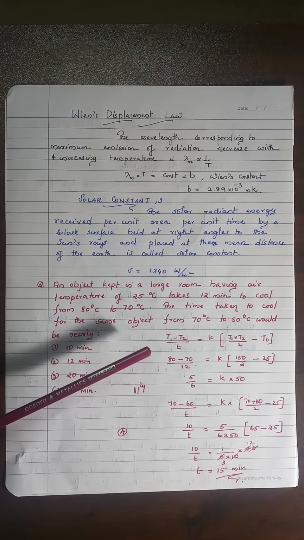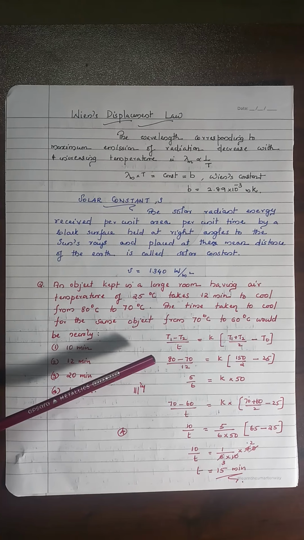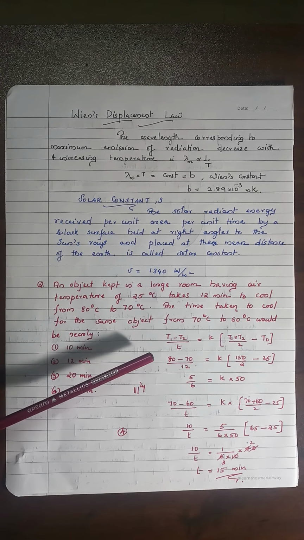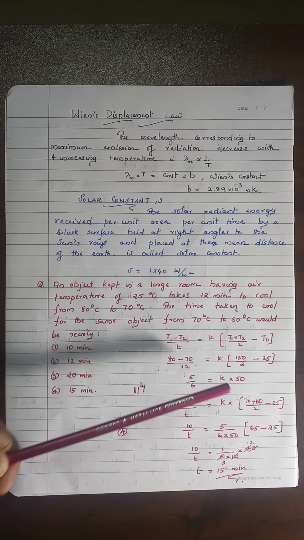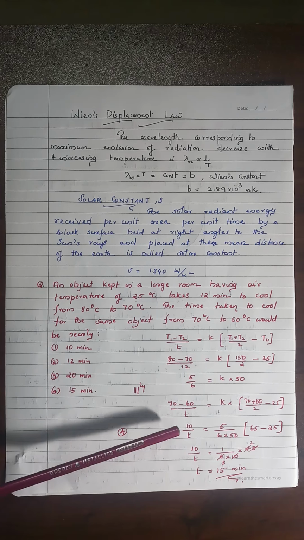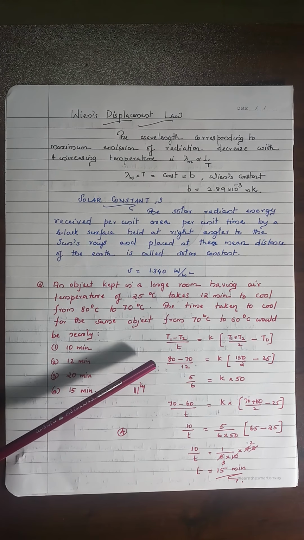You can use the simple concept there: dT by dt equal to a constant into (T minus T0). So we can take (T1 minus T2) by t equal to K into ((T1 plus T2) by 2, the average temperature, minus T0). First we put the values and get the constant K. Then we apply it for the second case, and you get the answer. So that relation is more important.